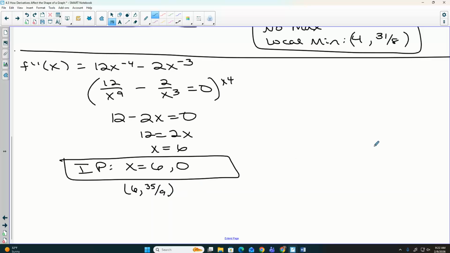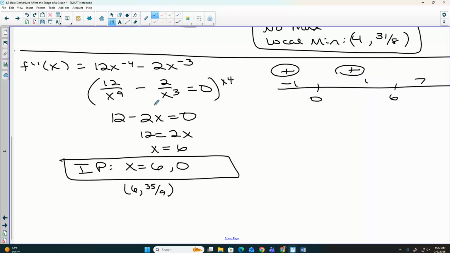No, so it's not an actual point. Okay, then we check our concavity. If I put in a negative 1, I get 12 plus 2, so that's positive. If I put in a 1, 12 minus 2 is still positive. If I put in a 7, I get a negative.